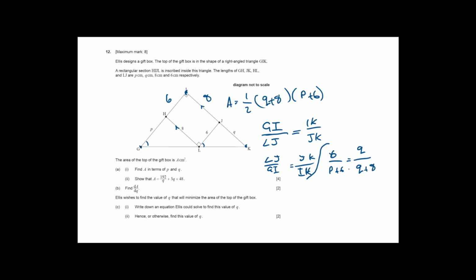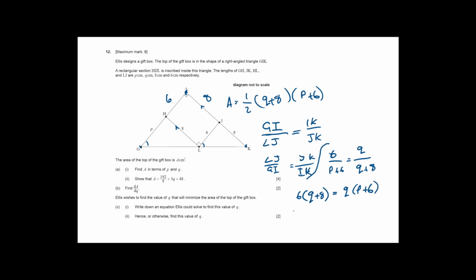And now we have an equation where we just have the two variables. Now we can eliminate one of the variables, or make P the subject. So we're going to cross multiply. So 6 times (Q plus 8) must be equal to Q times (P plus 6).